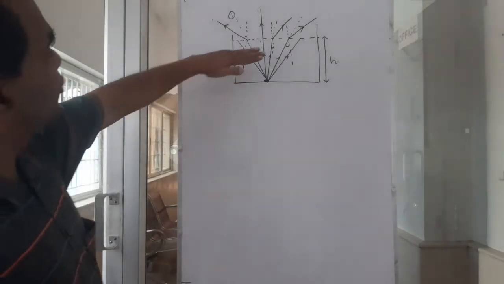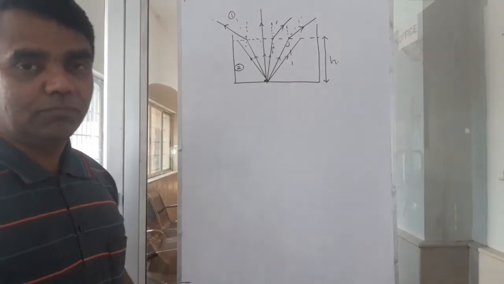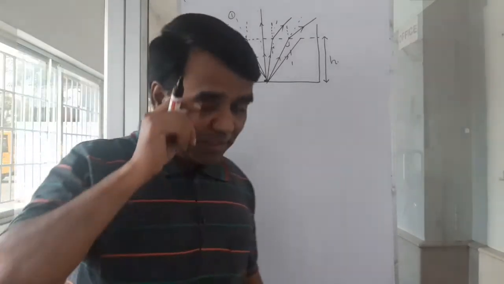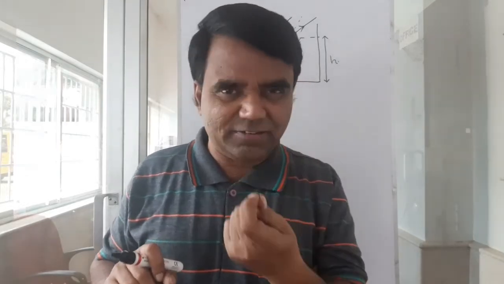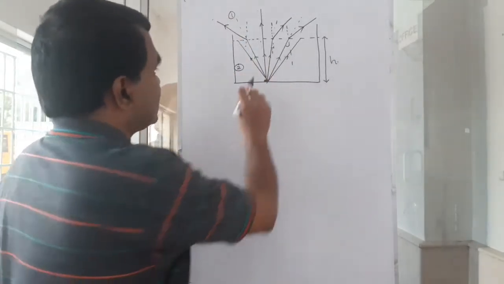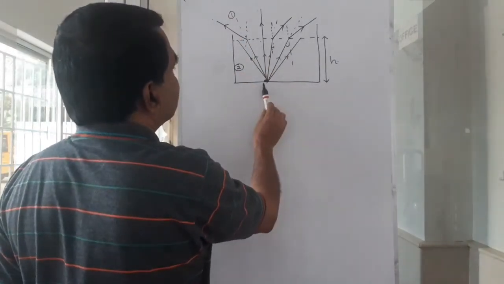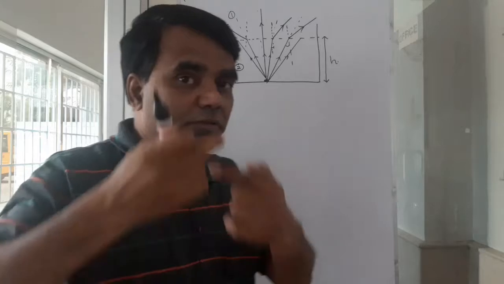Now, I am going to look at it from the top. My pupil, the eye, is small, but it's not a point, right? It has a certain diameter. So it is not just the light that comes through the normal alone that gets into me.